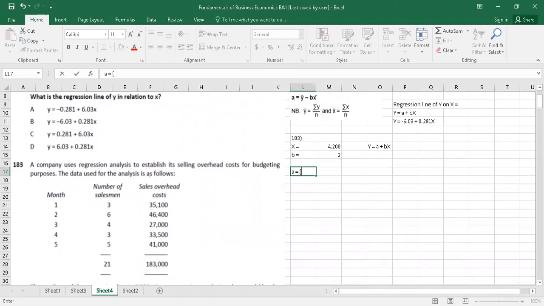So we need to know what are the values, so we write it here. We know sigma x is equal to, I will write it here.